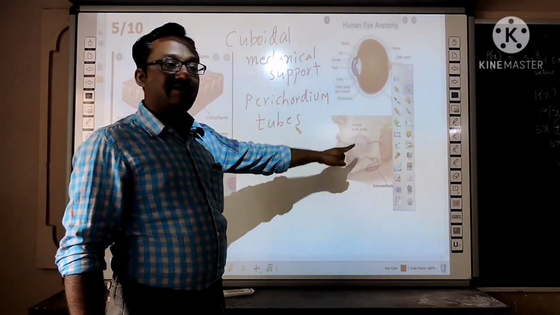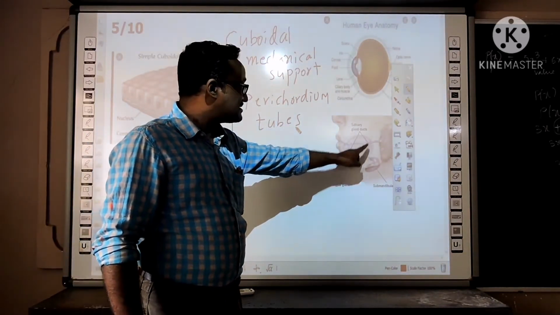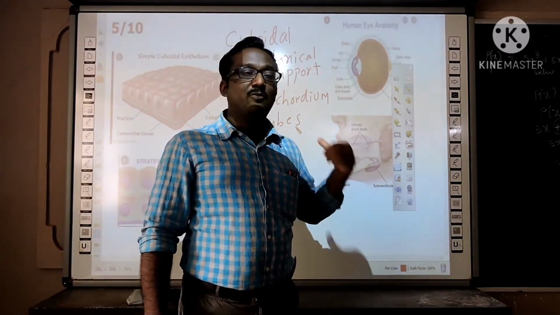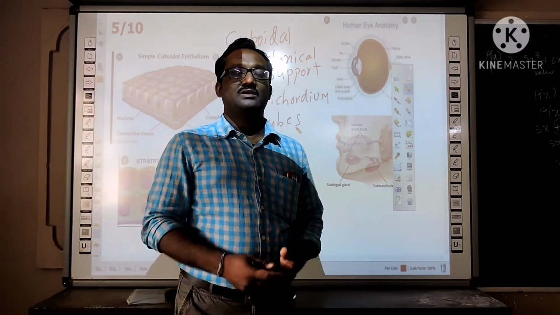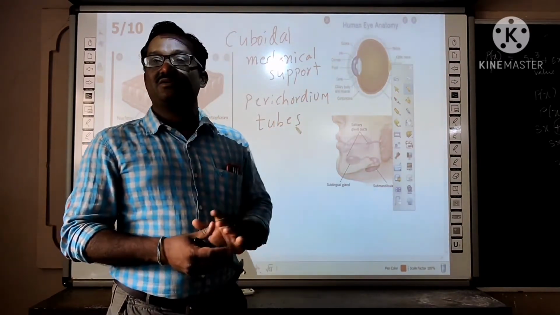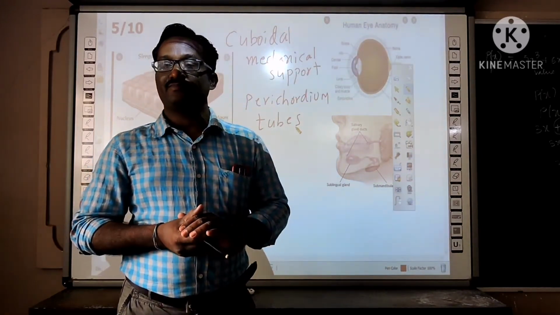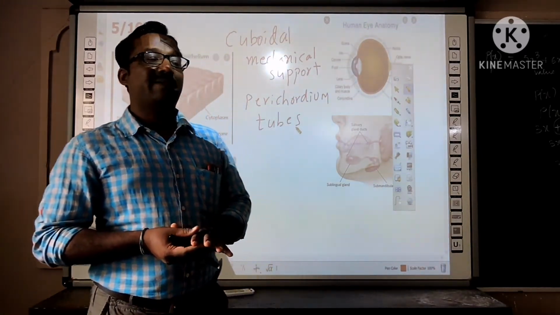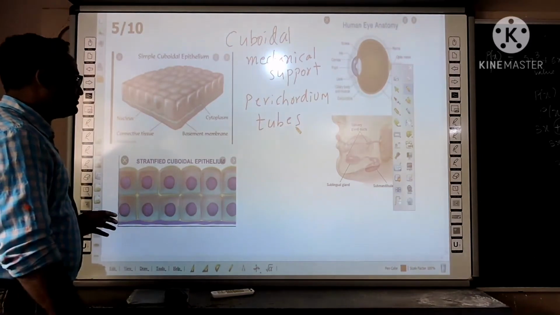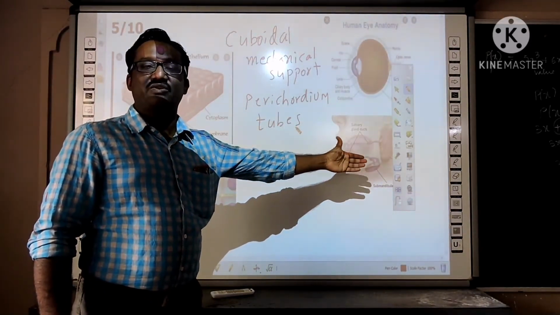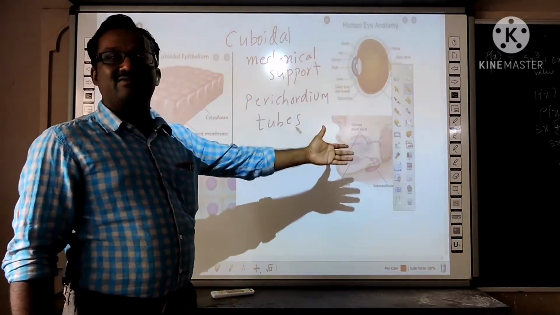Those salivary ducts are made of cuboidal epithelial tissue. So cuboidal is present in the tubes of glands and around the internal organs. It gives mechanical support. So location, as I said, is the tubes of various glands and the conjunctiva.